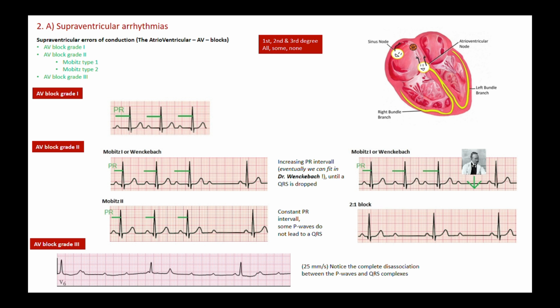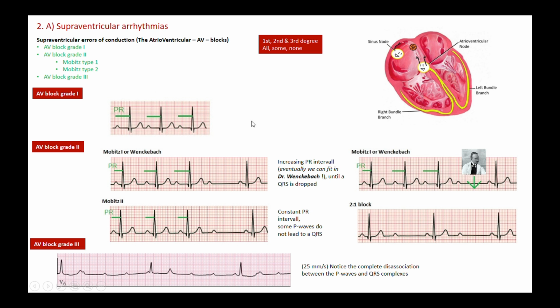But anyway, it will usually be a slower heart rate, and the patient is in need of a cardiac pacemaker, because this slow heart rate will probably not be up to the task of supplying the patient with sufficient systemic blood flow or circulation. It will be a too slow heart rate.